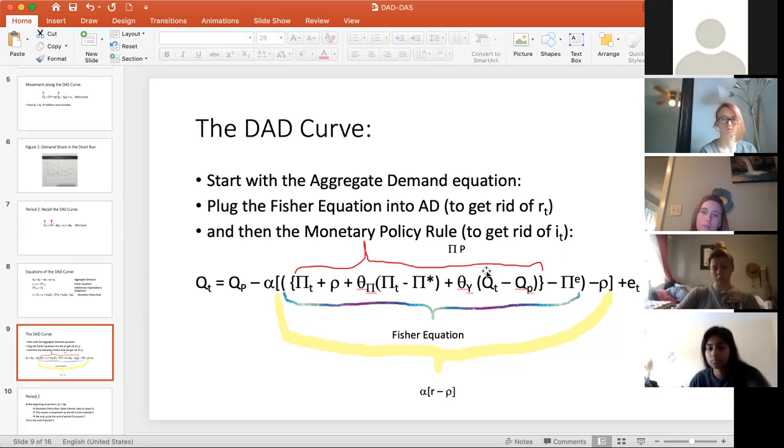Remember, this is i minus inflationary expectations. And i minus inflationary expectations is the real interest rate, which we then subtract rho from. That's the yellow line, the big fat yellow line, which shows us once again, alpha times (R minus rho), right? So it all starts with the Fed here.